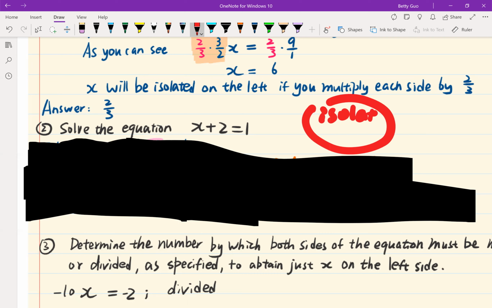So in order to do that, we need to get rid of the +2, right? You can move 2 over to the right-hand side.